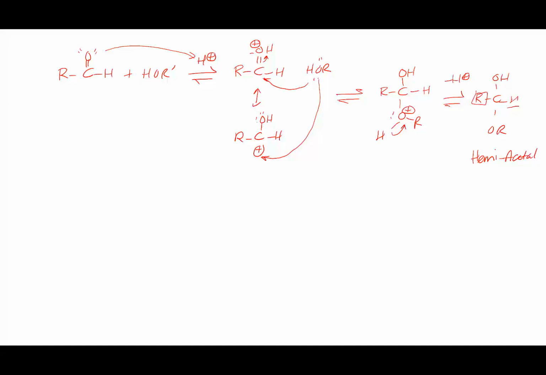Because I've got an R and an H. So this is a hemiacetal. If this was two R groups, so it originally came from a ketone, it would be called a hemiketal. So the ketals when we have two R groups, the acetals when we've got an R and an H group attached to that carbon. And that carbon has an OH and an OR.